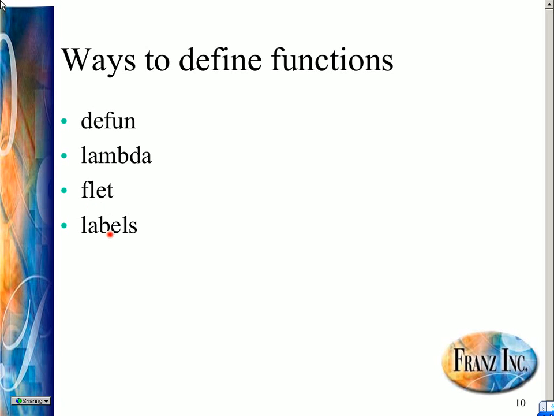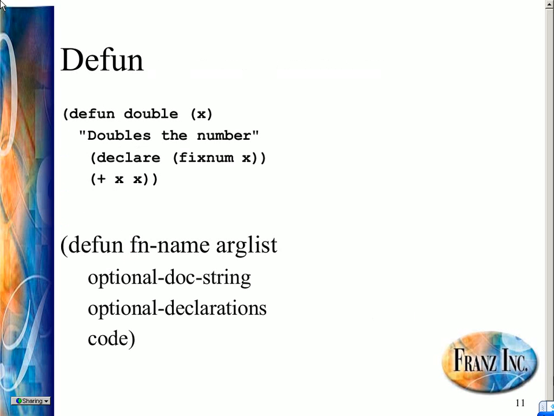There are flet and labels, which are macros or special operators which define local functions, which are used in the body of the flet or labels form and then forgotten about, in the same way that when you use let or let star, you define local variables which are used in the body of the let form and then forgotten about. So flet and labels are like let and let star for defining functions rather than local variables.